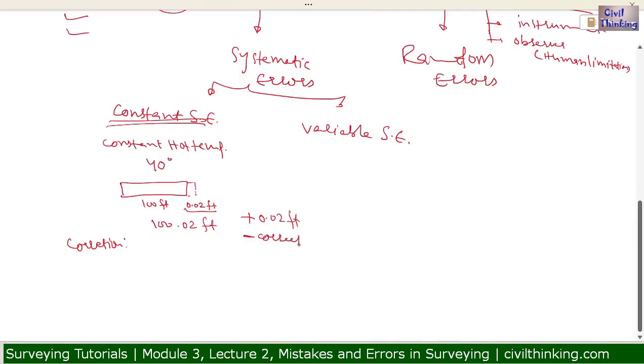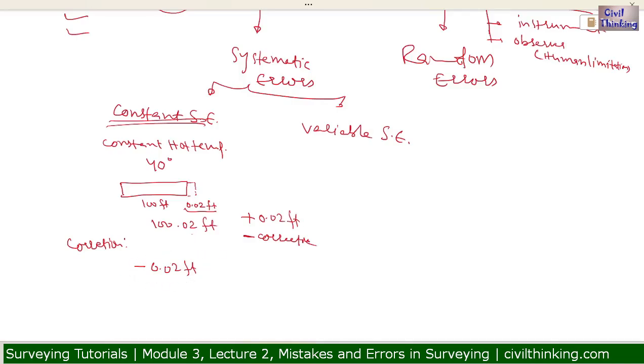And vice versa, if the error is negative, you apply a positive correction. So you will apply a negative 0.02 feet correction to everything. You can see this constant error is easy to fix, because it is just one number that you apply to all of your measurements.